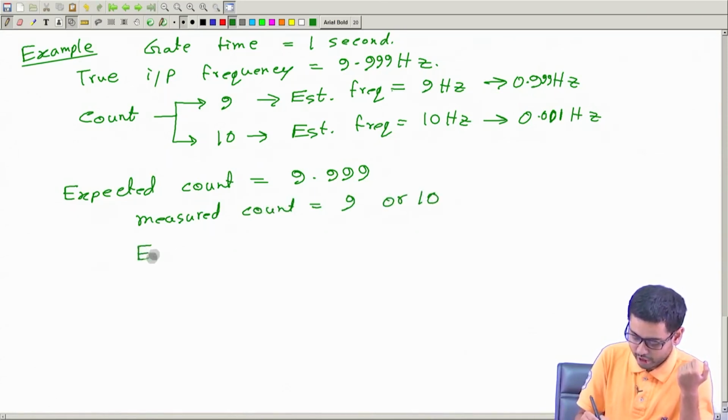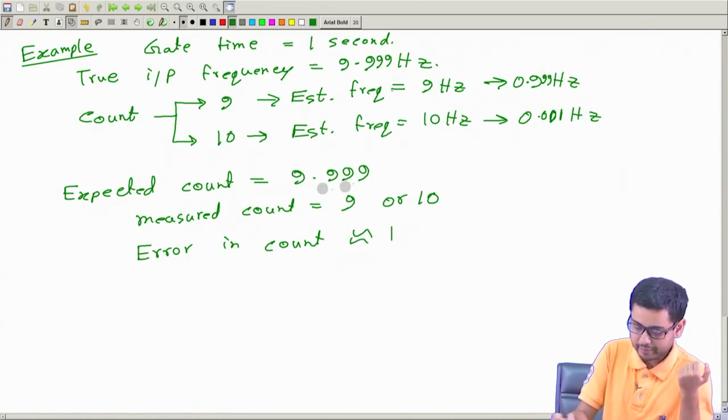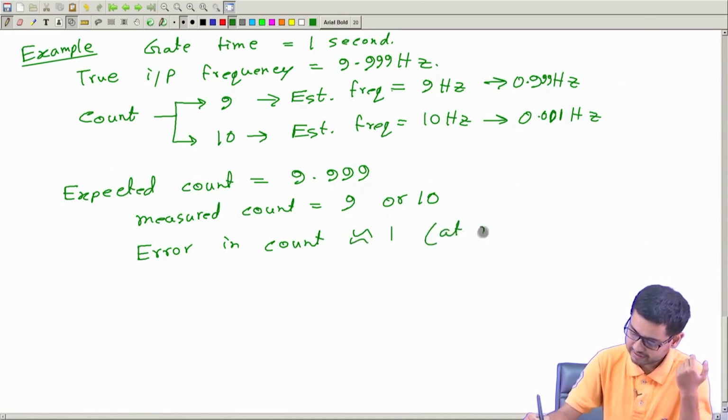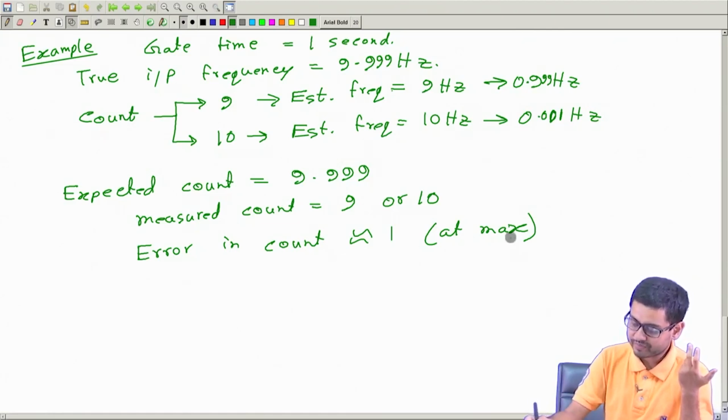So, error in count is almost equal to 1. So, at max we can have an error of 1 count.